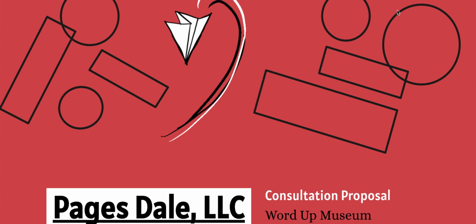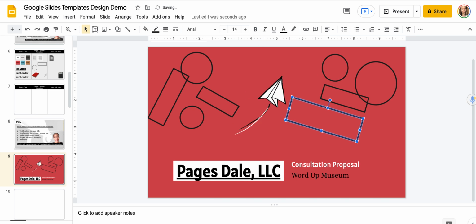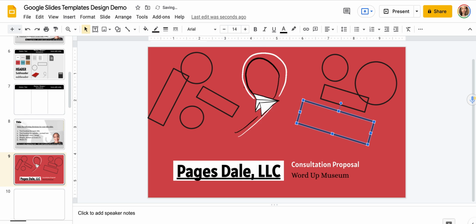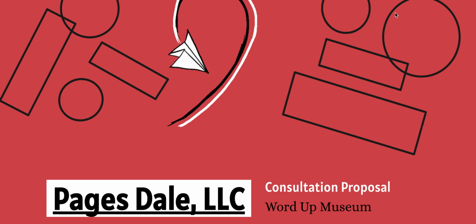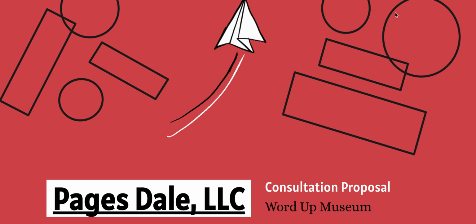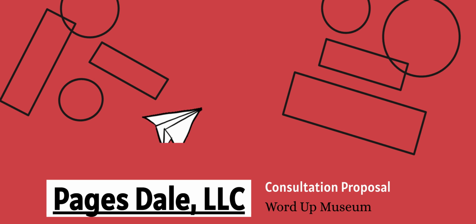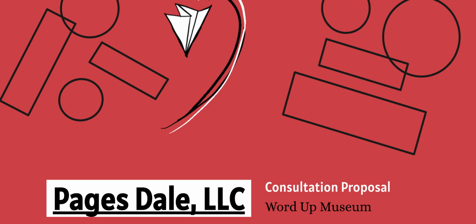I think actually the one thing I don't like is that the plane is running into the, excuse me, I didn't mean to say that. Alright, it looks really good. Very random, very much like a lot of the other presentations that you have.